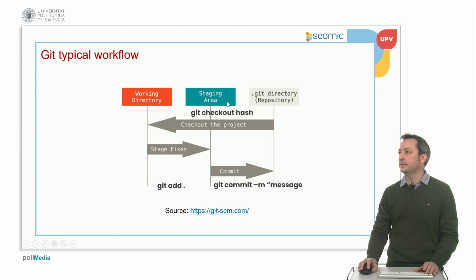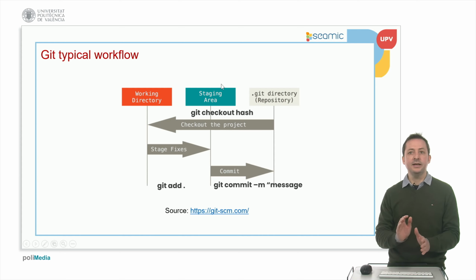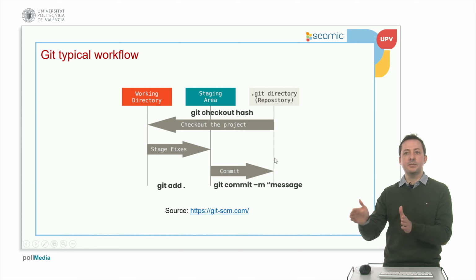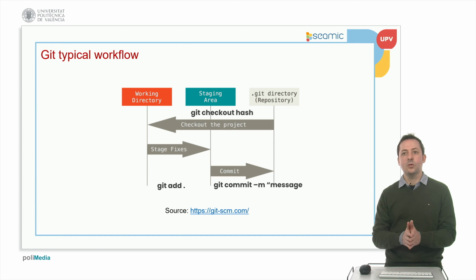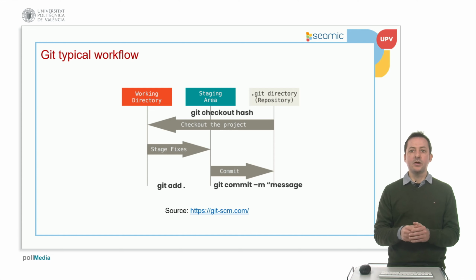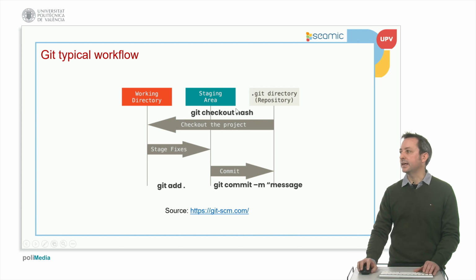Then the files that are added to the staging area can be committed by the command git commit, and then these snapshots are created, one for each commit. At any point of our development, we can use the git checkout command in order to retrieve the state of a previous snapshot.